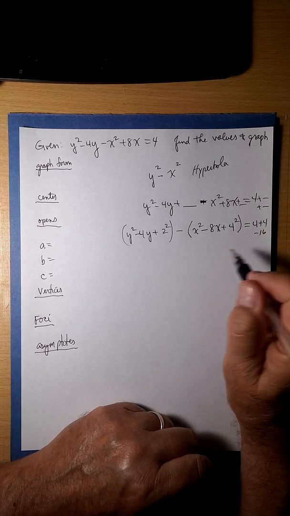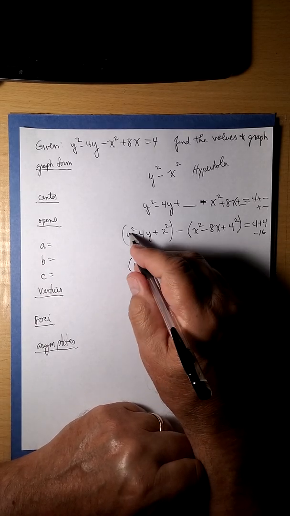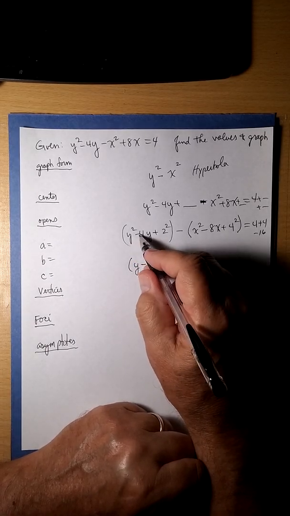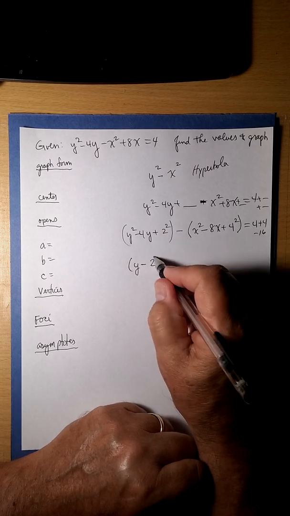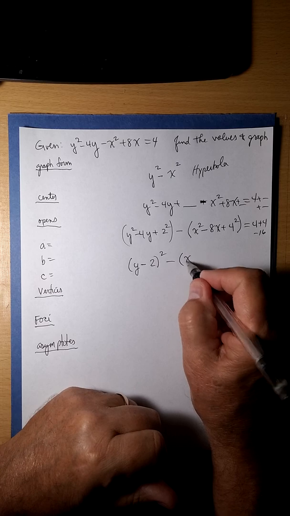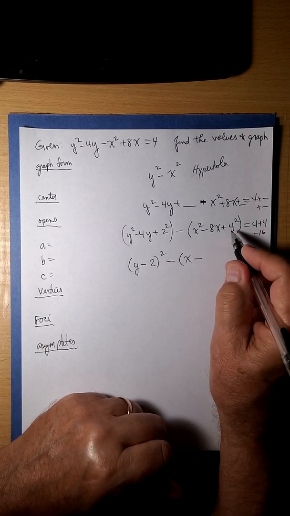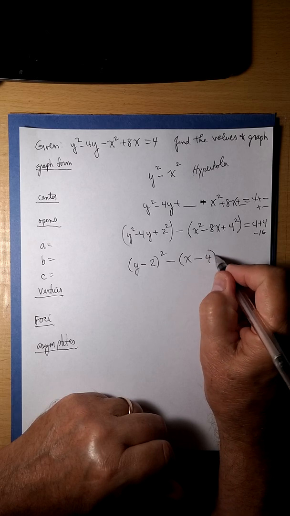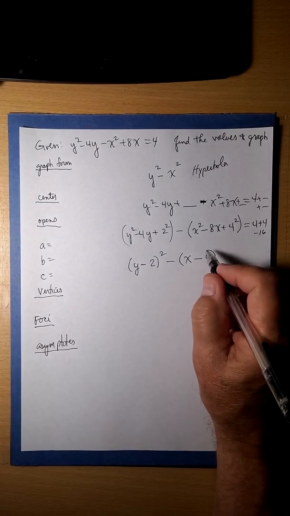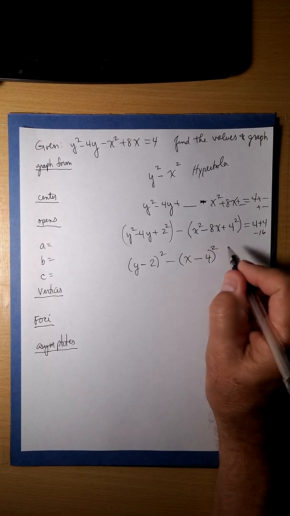Does that make sense? So this is y minus 2, quantity squared. And this is x minus 4, quantity squared.